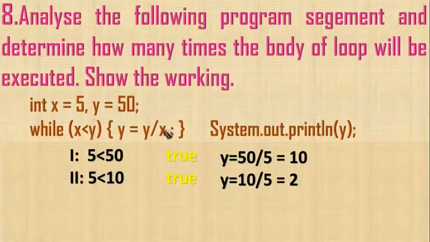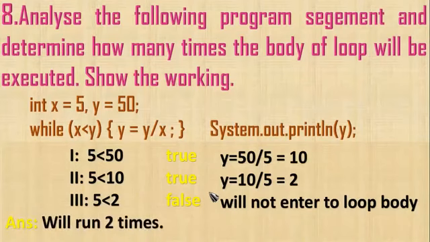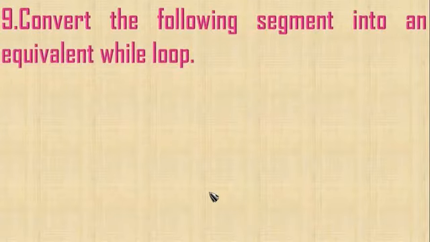So this will not get executed. This will come out and then print y's value as 2 there. So this body will get executed only 2 times. The output will be 2. Next question. Convert the following segment into an equivalent while loop.